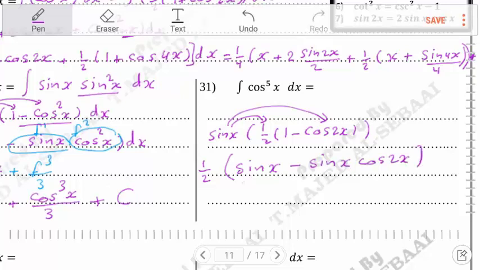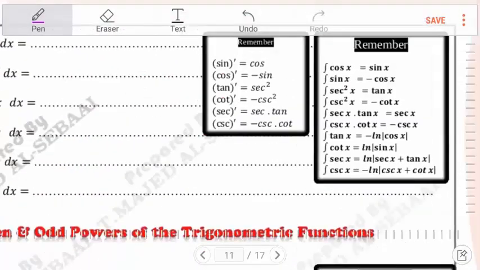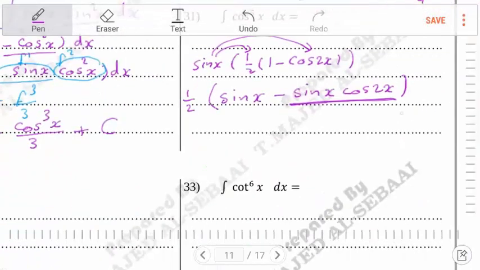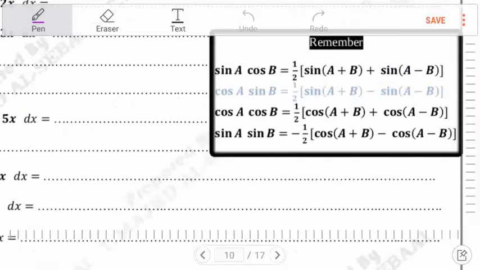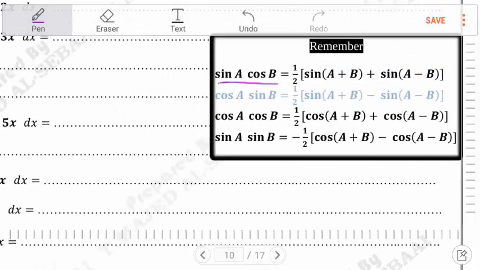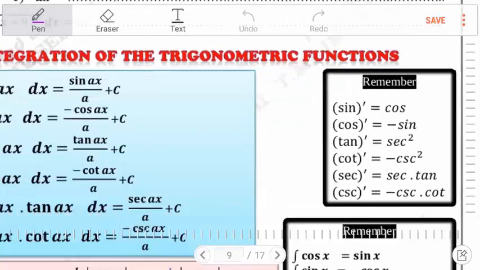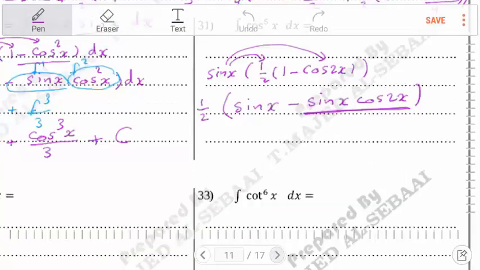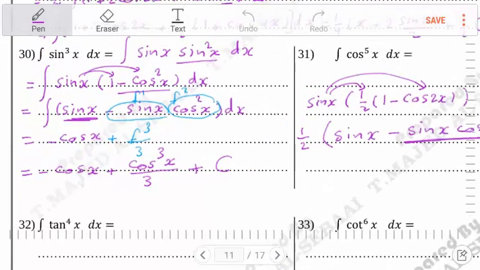I will get the same answer, but I will not use the rule of f dash f squared. I will use the rule for when we have sine cosine, which we discussed last time. I will get the same answer. You understand? But I think the way that we used was much better because it is easier and shorter.